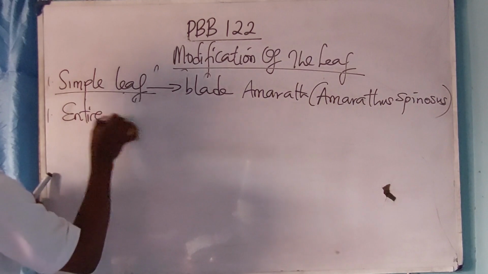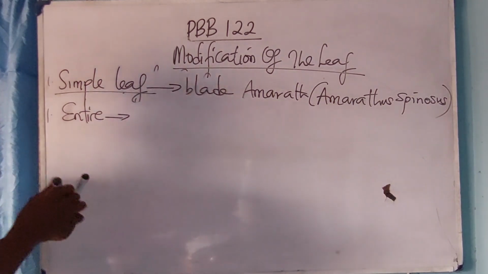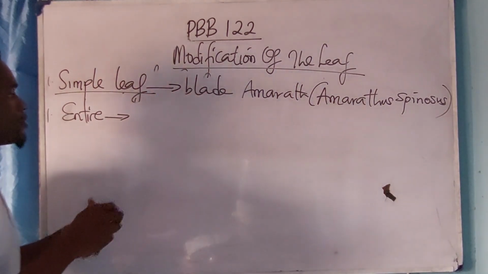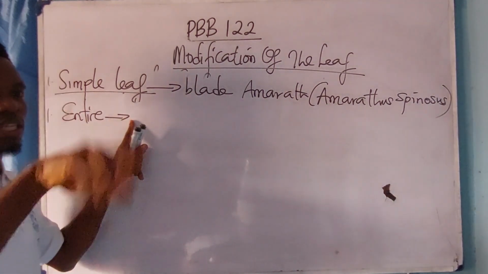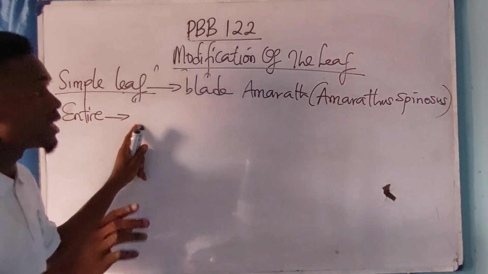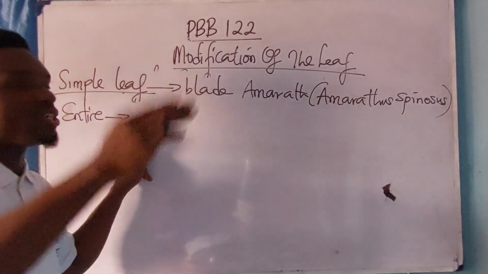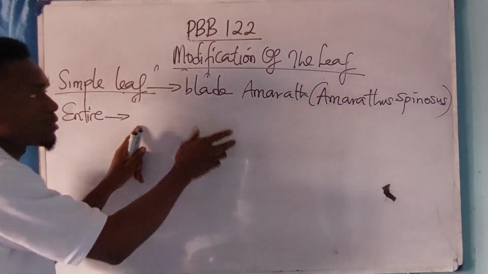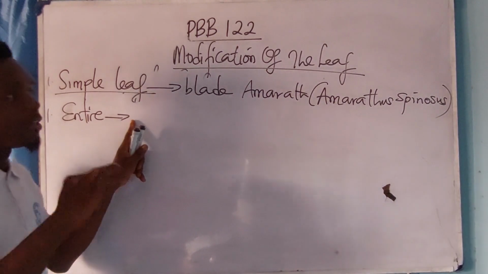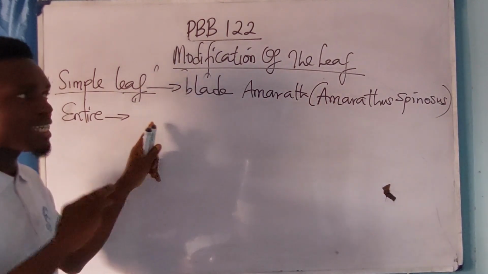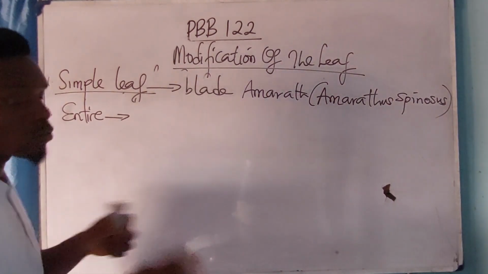Entire. An entire leaf is a type of leaf whose margin is smooth. It is smooth. It is not toothed, and it is not cut into in any region of it. That is, it is smooth, not toothed, and it is not cut in any part of it. It is just smooth.